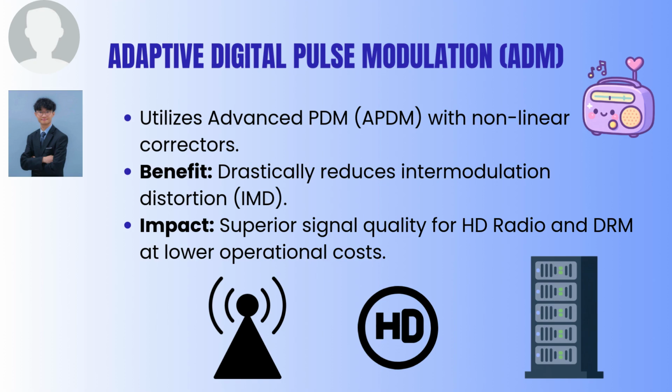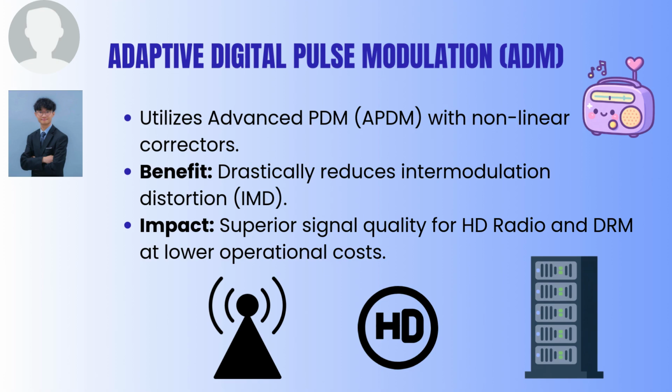First, I will begin with the advancements in amplitude modulation. Recent developments in amplitude modulation have focused on improving signal quality and transmission efficiency through digital adaptations and intelligent processing. One significant advancement is adaptive digital pulse modulation (ADM).